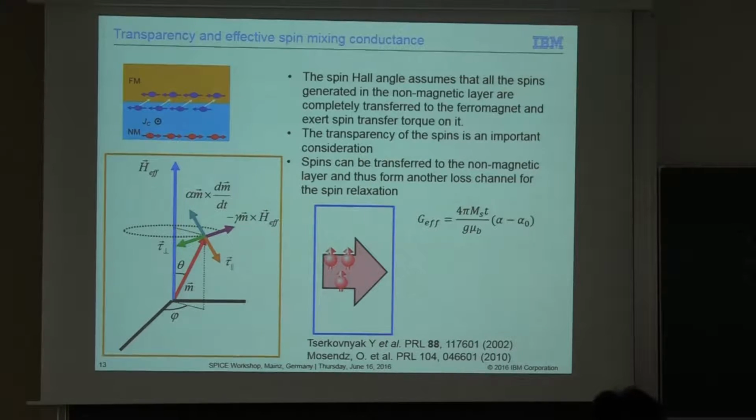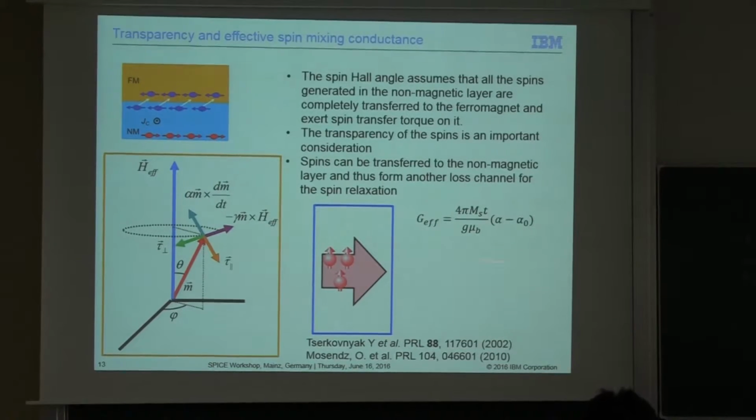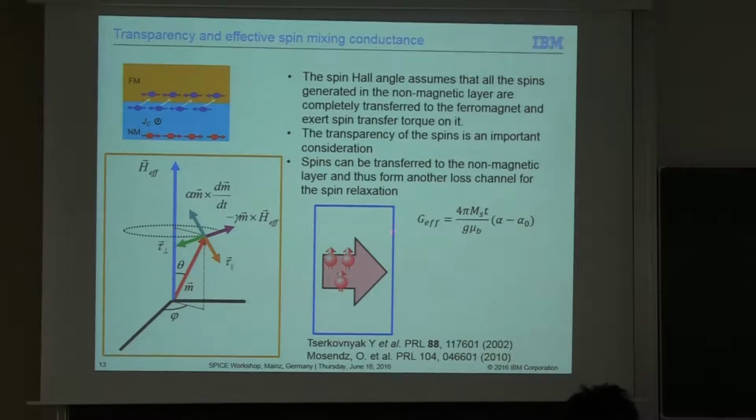By looking at how the relaxation of the moment has been modified due to this spin pumping, one can get the effective spin mixing conductance, as we call it, of the spins that go from this precessing ferromagnet into this non-magnetic layer.